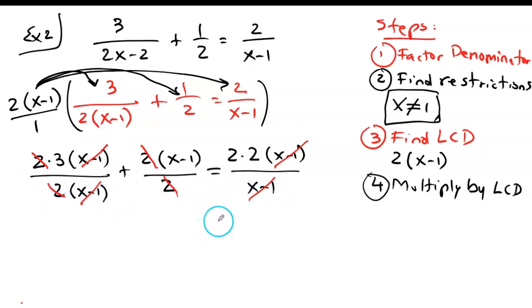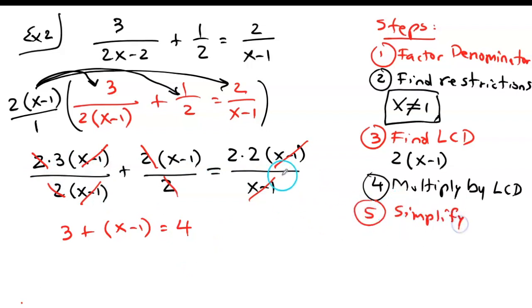What do I have left? 3 here, nothing else. X minus 1. The other side, 2 times 2, which is 4, because the x minus 1 cancels. So that step was simplifying my common factors. The last step is solve for x.